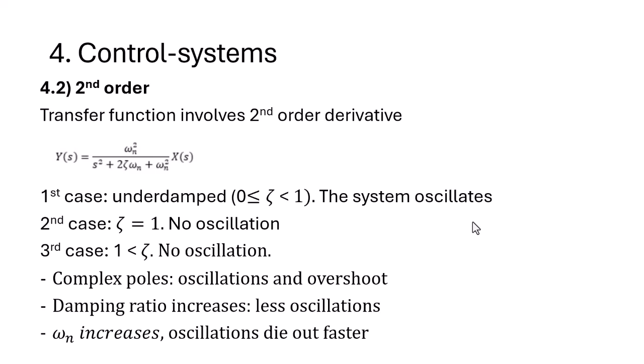And then different other cases, when we get complex poles, that means that there's gonna be oscillations and then an overshoot. And then when the damping ratio increases, there's gonna be less oscillations, and when omega n increases, oscillations die out faster.